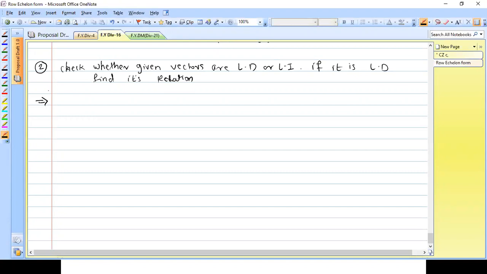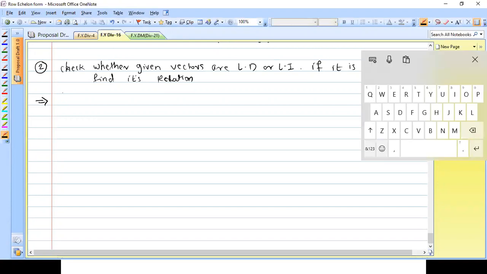Okay, so write down the vectors. They have given u is equal to 2, -1, 1. V is equal to 3, -4, -2.